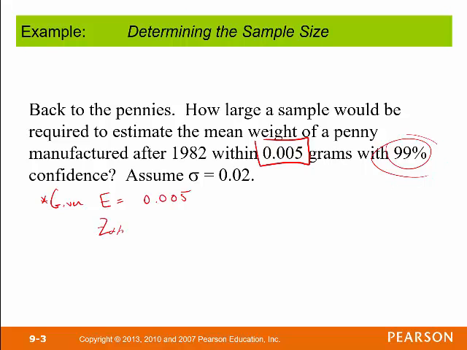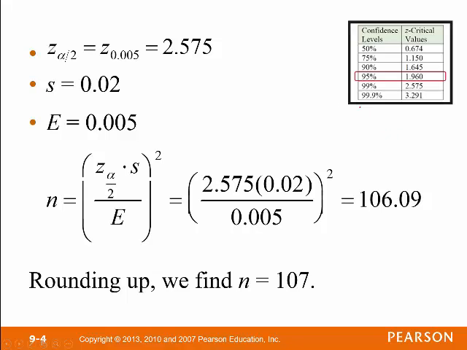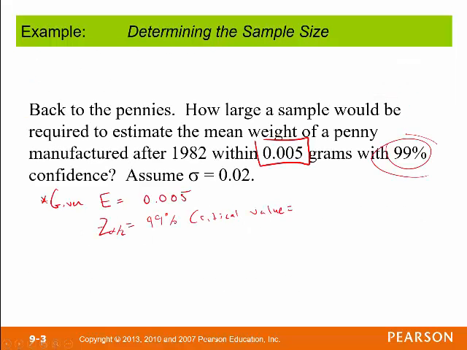This right here, you're saying with 99% confidence. So the z critical value, z of alpha divided by 2, is a 99% critical value, which I've given you on the next slide. Whenever you have a 99% confidence level, the z critical value is 2.575.